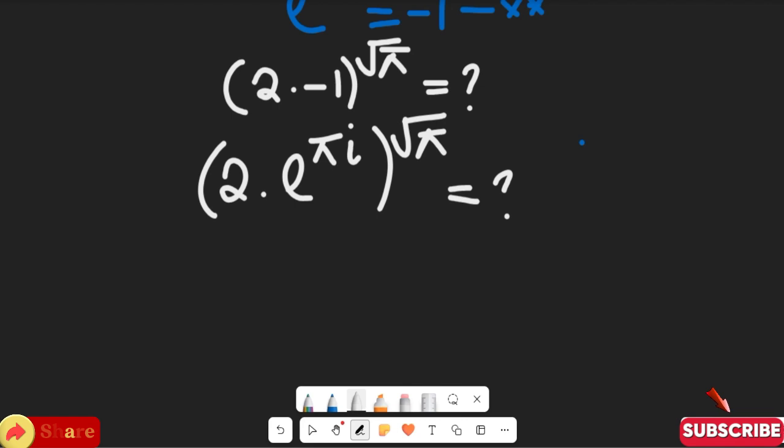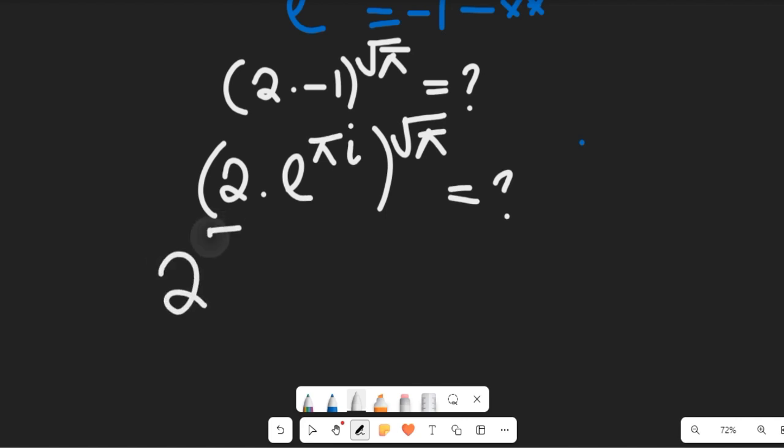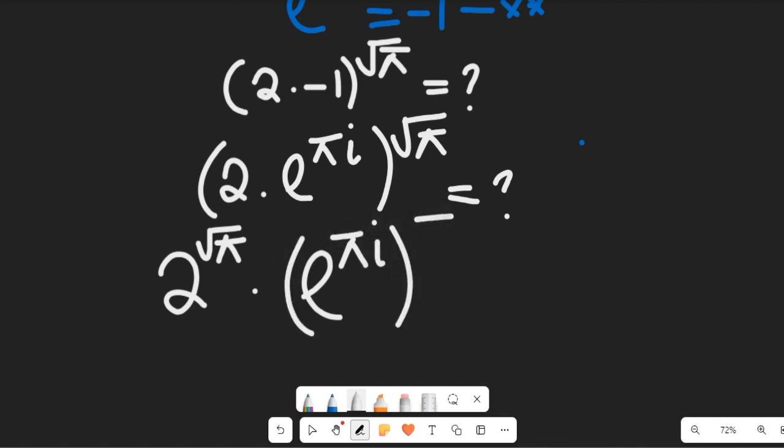Now, if we simplify this expression, remembering the separation of this subtraction sign, we can have this become 2 multiplied by the square root of pi multiplying the exponent of pi j, and that whole thing will be multiplying the square root of pi, right?